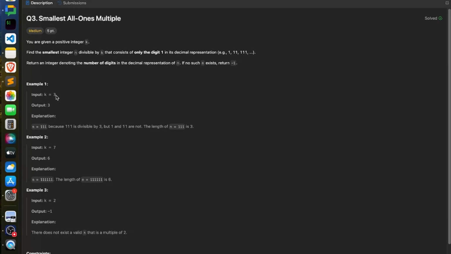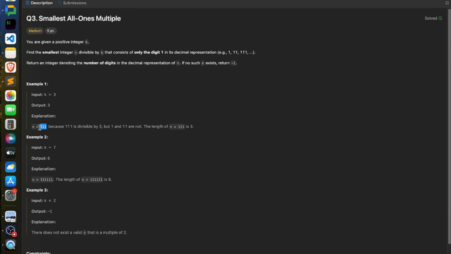For example, here k is 3. Let's see what is the minimum number that is divisible by k and has only 1 in its digits. So 111 is the minimum. Before 111 you had 1 and 11, but 1 and 11 are not divisible by 3, right?